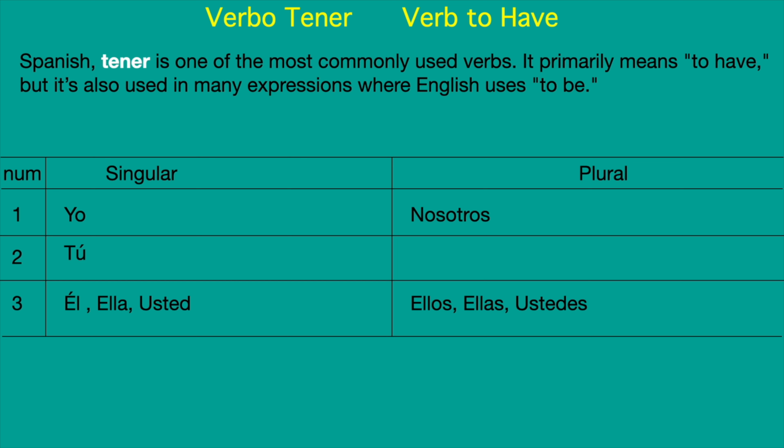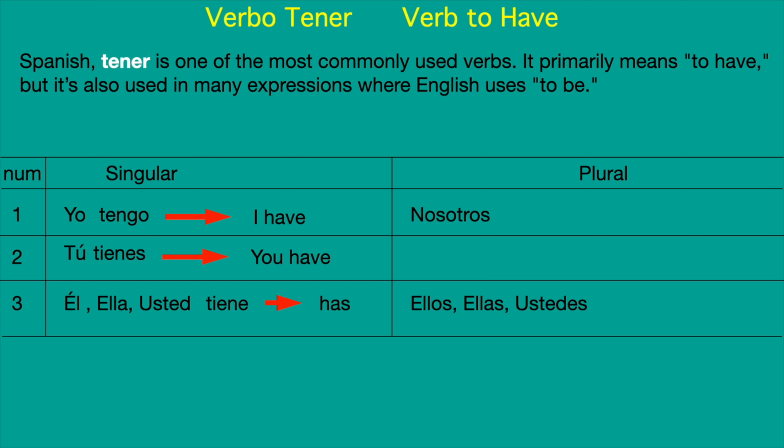Then when we conjugate the verb, we have yo tengo, that would be I have, then tú tienes, you have, and then she, he, and you, which would be has.